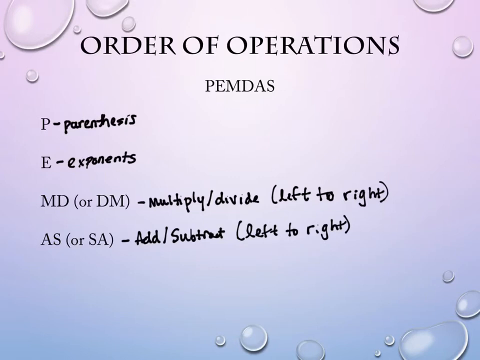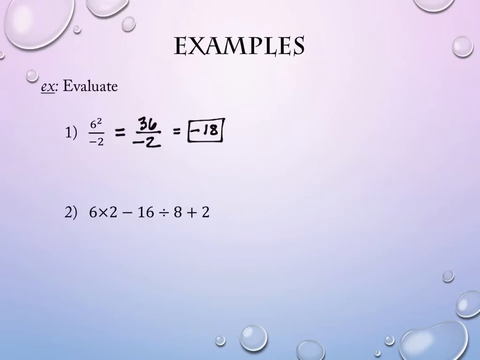So we'll do the multiplication and division first, moving from left to right, which means first we will multiply 6 times 2. 12. And then there's a subtraction sign, because then we have -16 divided by 8. -2, right? And then we have our +2 at the end.